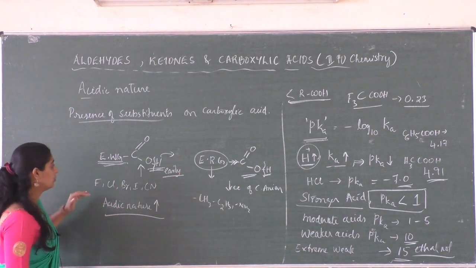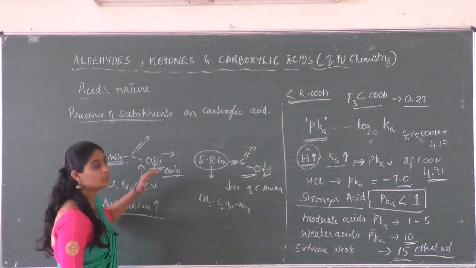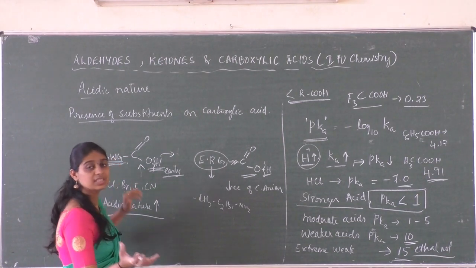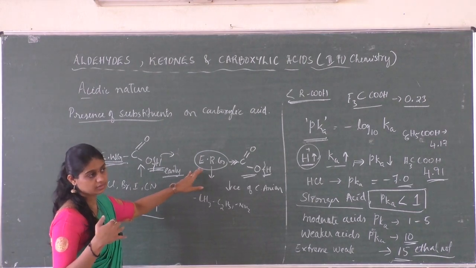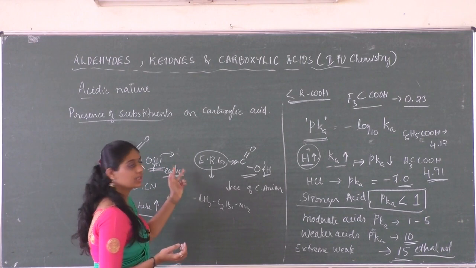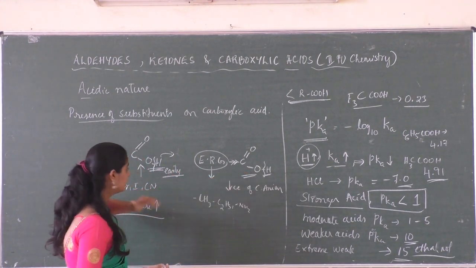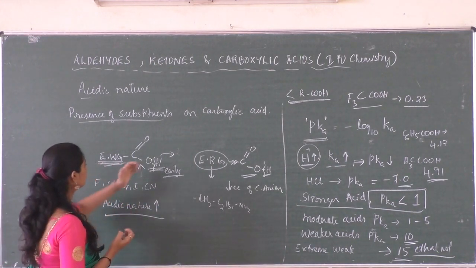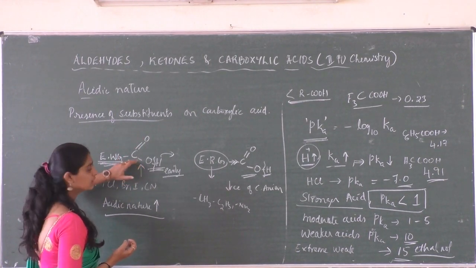Clear? So I repeat. Whenever a carboxylic acid group is attached to two kinds of groups, one is electron withdrawing, that means it tends to pull the electrons towards itself, and the other is electron releasing, the group that tends to donate electrons to others. If such groups are directly attached to the carboxylic acid, then the electron withdrawing group pulls the electrons, creating dispersion in the carboxylic acid.